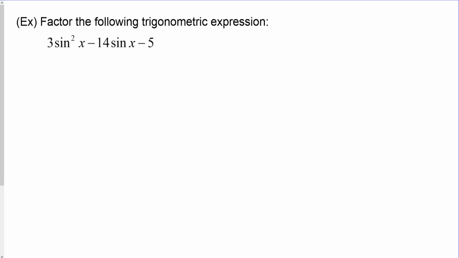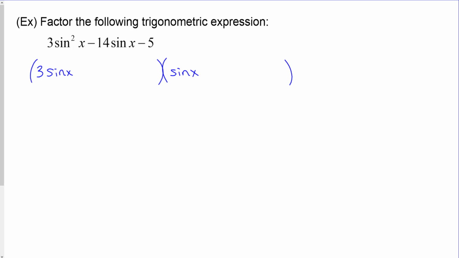That's perfectly fine. So for instance, if I start factoring using the process that we sort of developed back in early algebra, the first thing that you need is two things that would multiply to 3 sine squared x. So 3 sine x and sine x would work for that.